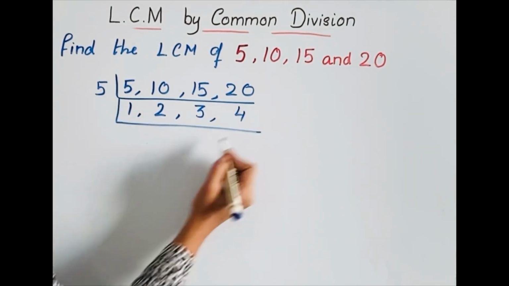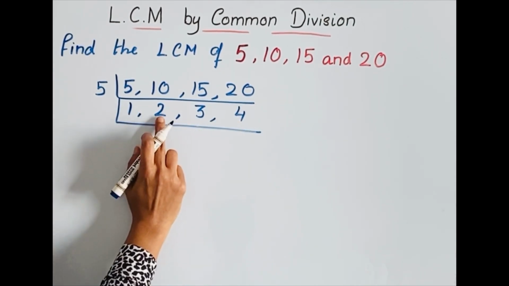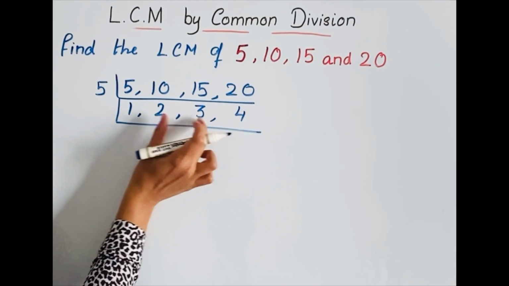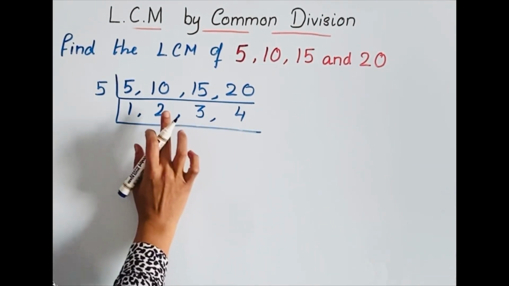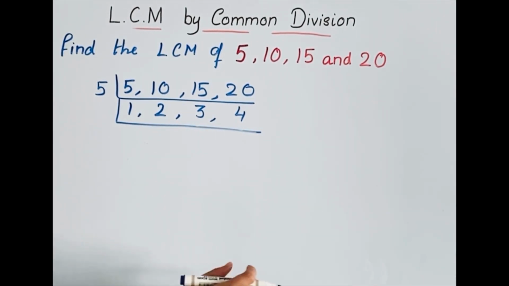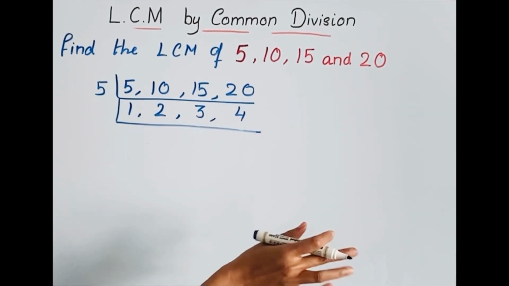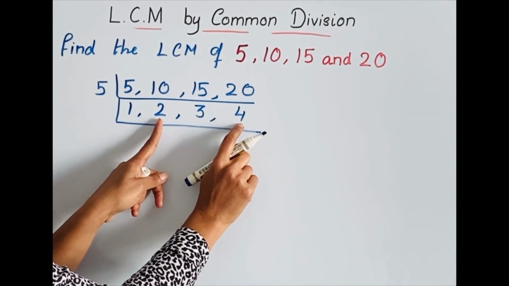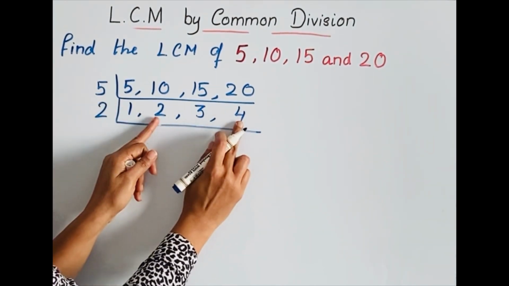Next, common factor of these three numbers. It became 1, leave it. Is there a common factor for these three numbers? No. So if there is no common factor for all the numbers, then check if there is a common factor for any two numbers. For these, no. And for these, no. For these two numbers, there is a common factor, that is 2. You can use that to divide these numbers.